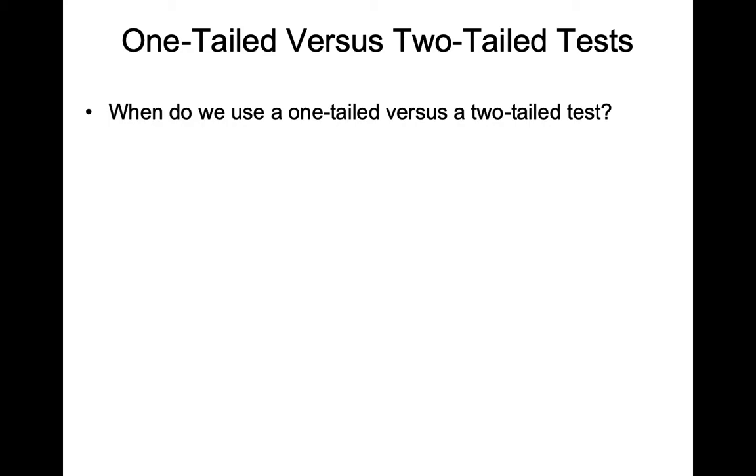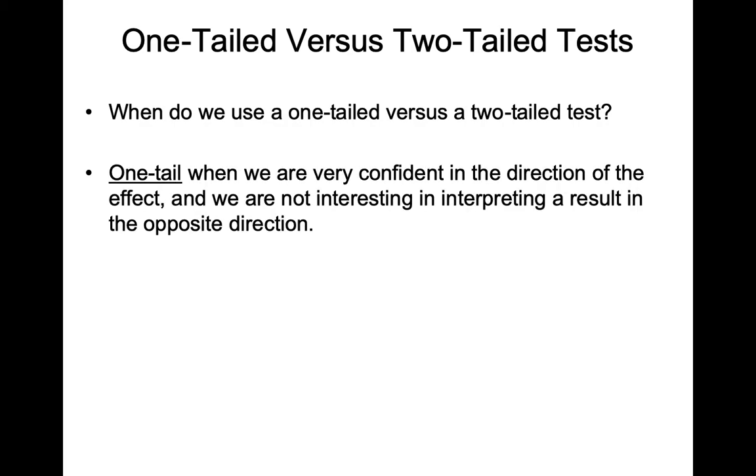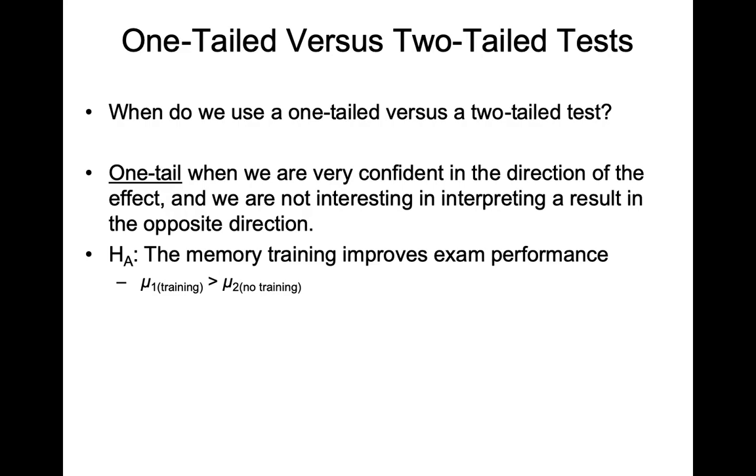First of all, when do we use a one-tailed versus a two-tailed test? It has to do with when we have a directional versus a non-directional hypothesis. We use a one-tailed test when we're very confident in the direction of the effect and we are not interested in interpreting a result in the opposite direction.